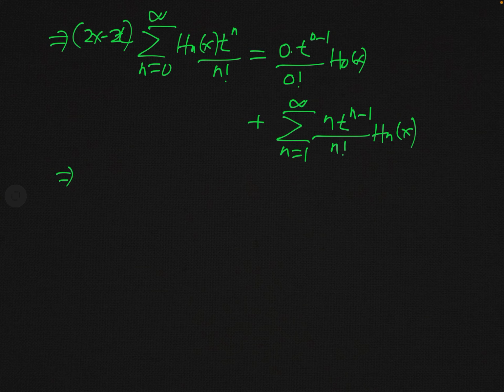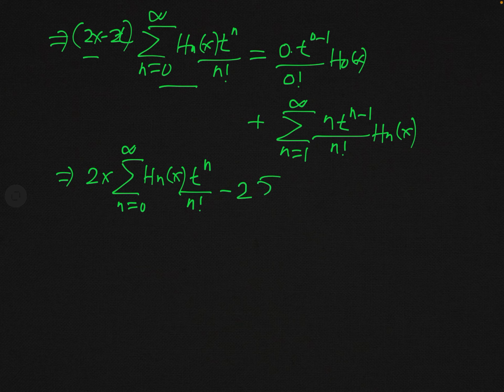You can see here that in LHS we will multiply this factor 2x to the summation term, and then our result will be 2x times summation n 0 to infinity hn of x times t raised to the power n over n factorial, and now we will multiply by this 2t, so this will be minus 2 summation n 0 to infinity hn of x times t raised to the power n plus 1 over n factorial.